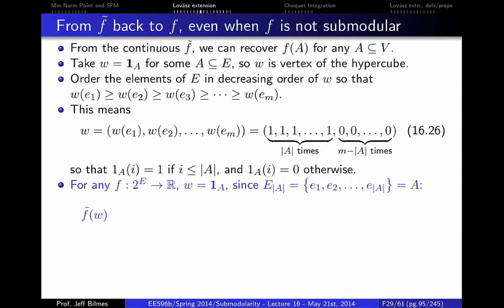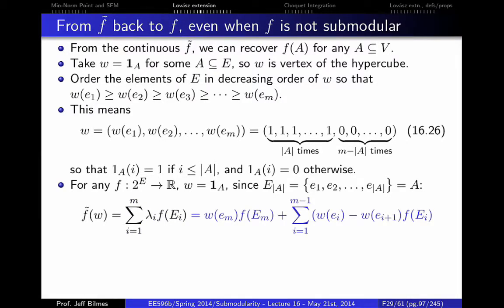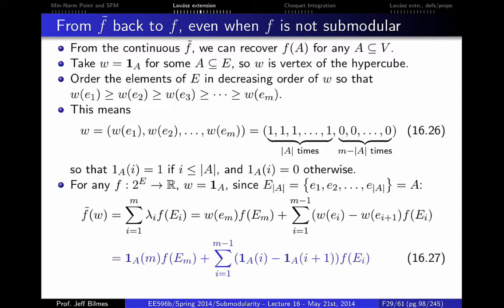So then when we evaluate f tilde of w, when w is equal to the characteristic vector, we get this, which is the definition according to this form. We just plug in the definitions of lambda i, which are these differences. And now we're going to put the vector in, because it's the elements of the vector w, which are the 1a. So basically we have this guy here and these differences.